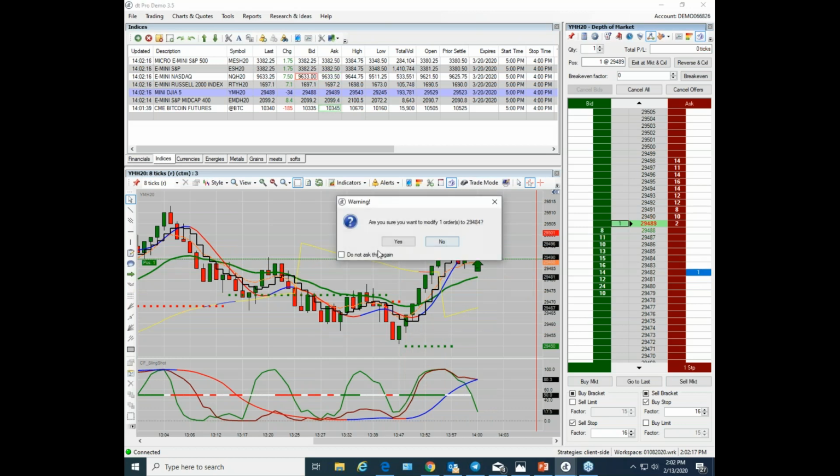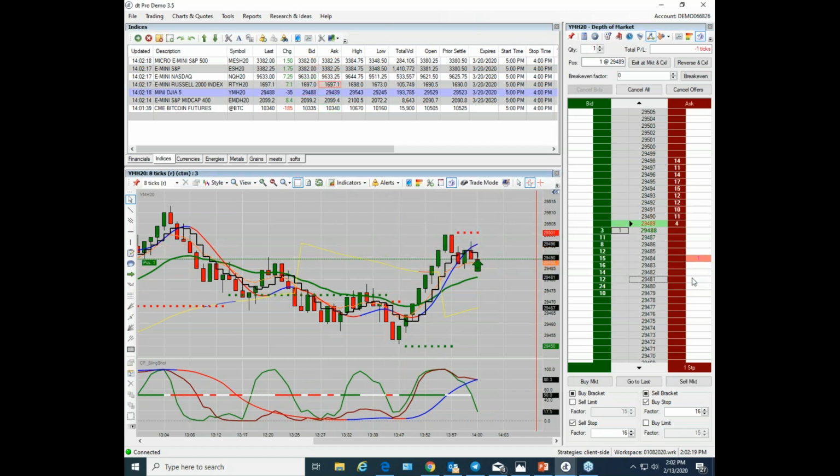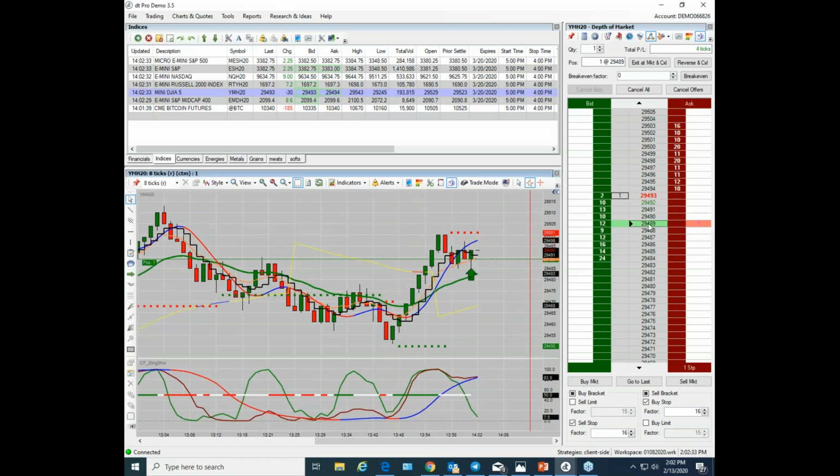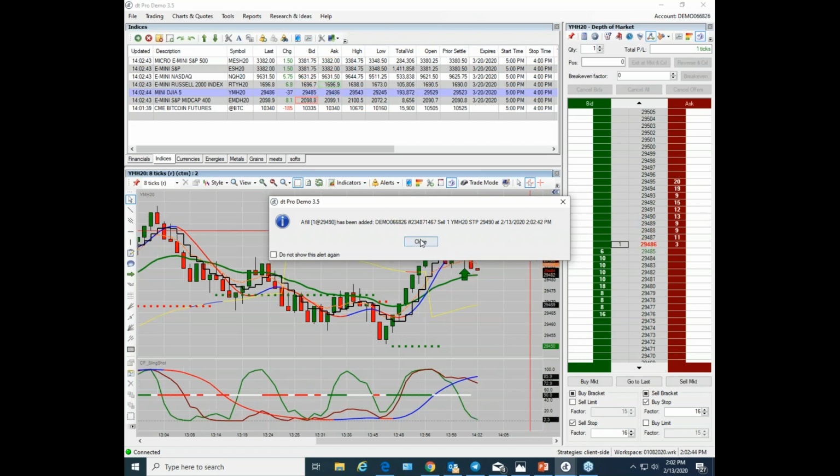I'm just going to drag it up here for no other reason, just to show you how to do it. So I just moved it to our entry right here. I'm going to move it plus 1. Why? Because this is our entry and our stop is here. All right, I closed it out.